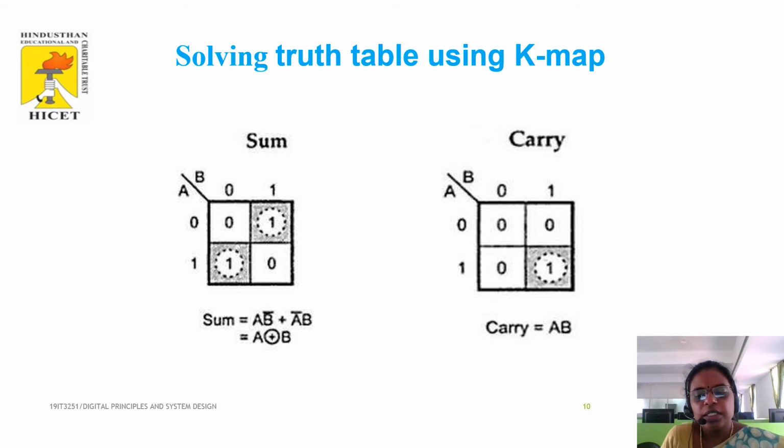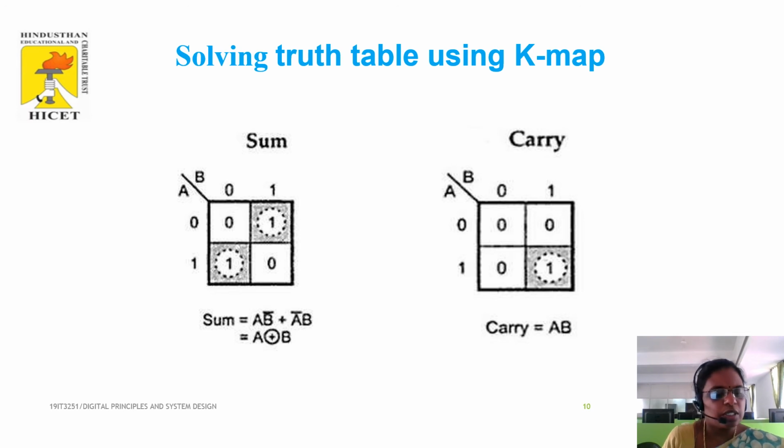We represent it as A and B bar. This term here is A bar and B. We take both the terms and sum them, thus writing the sum of product expression: A B bar or A bar B, which is nothing but A XOR B.